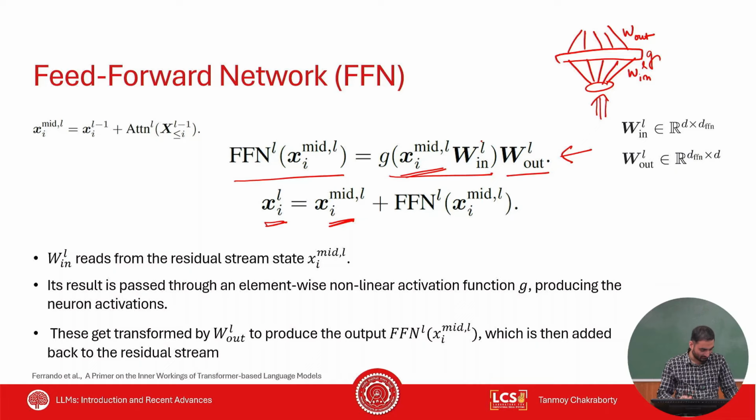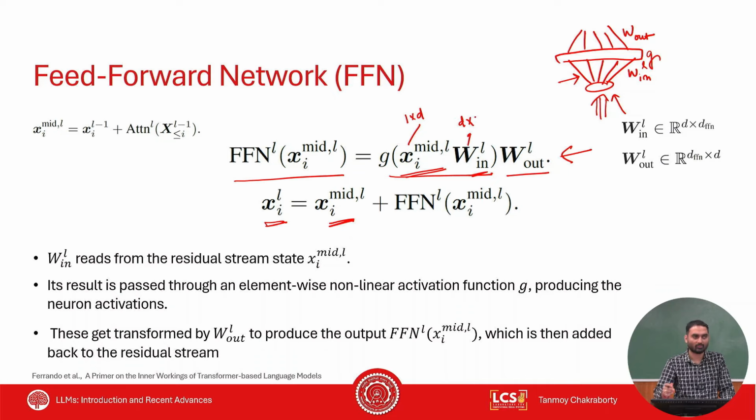Let's focus on the dimensions. W_in^L, please pay attention to this notation. W_in^L is this matrix. What is the dimension of this? The dimension of the input X_i is 1 times D. What is the dimension of this matrix?